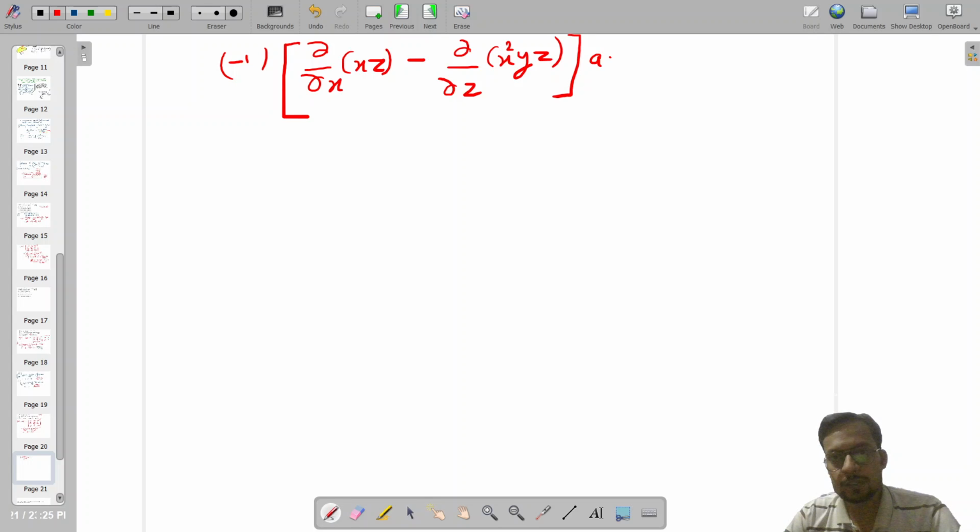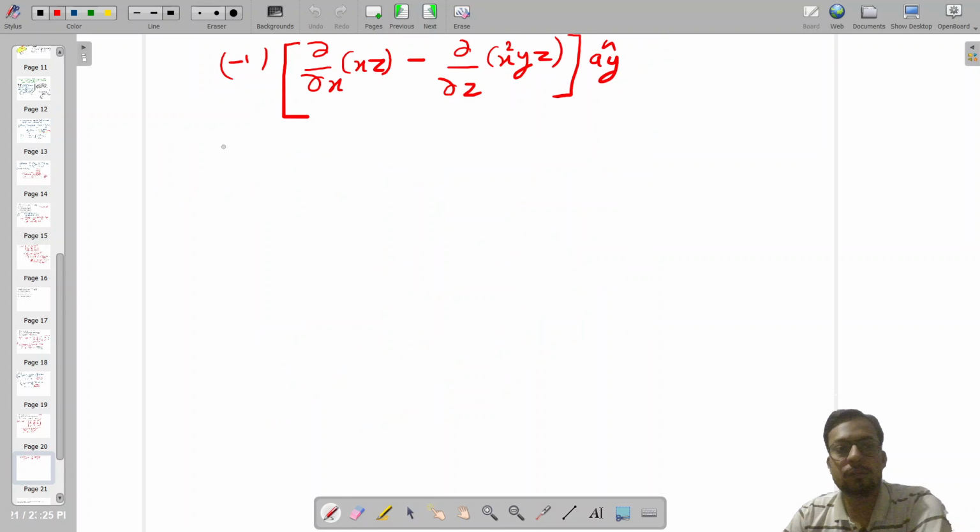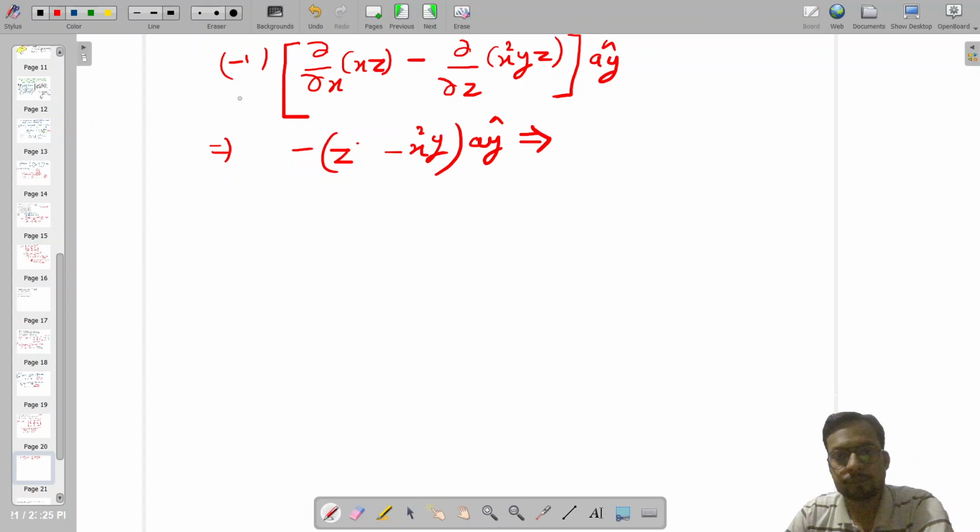Evaluating this, we get z, and this will give x square y, so minus that, that is, x square y minus z.